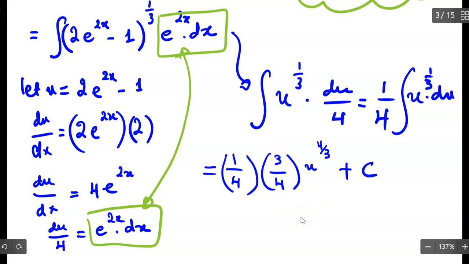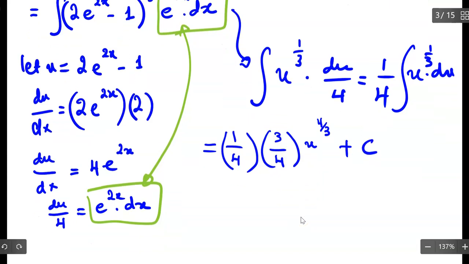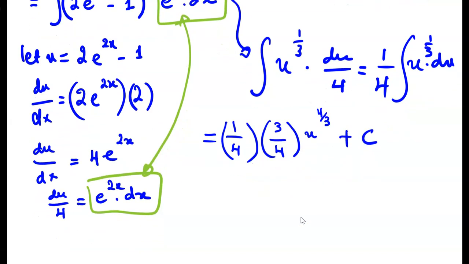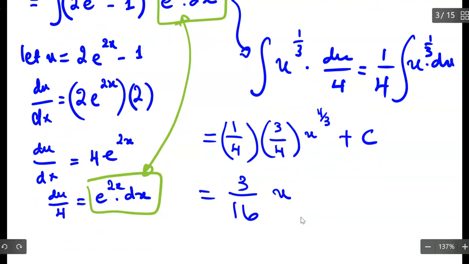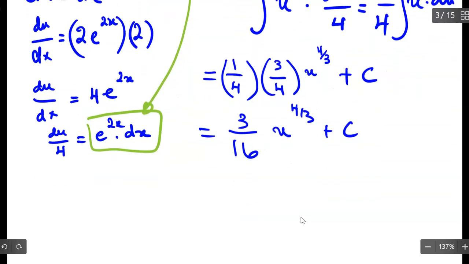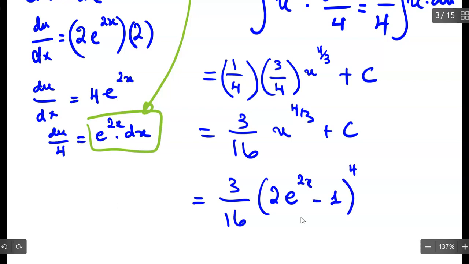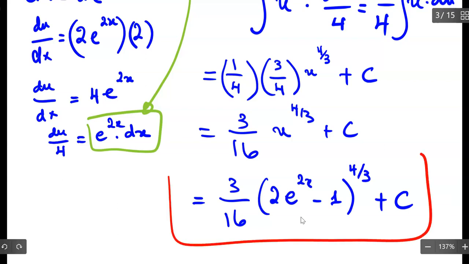So plus C. Simplify this, I should have 3 over 16 u to the 4/3 plus C. Now I'm going to replace this by the function u that I let it equal to. So (2e^(2x) minus 1), all of it raised to exponent 4/3 plus C as the final answer.